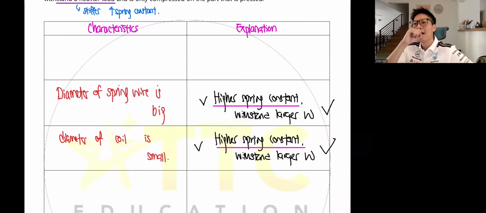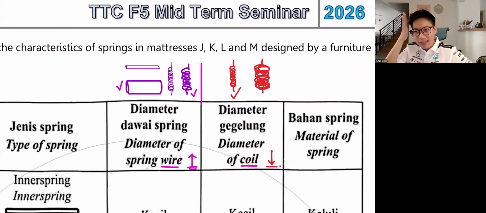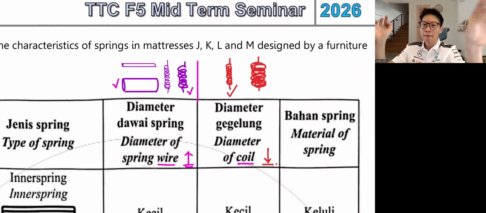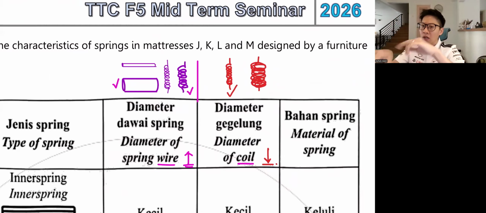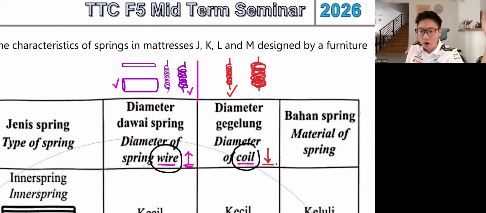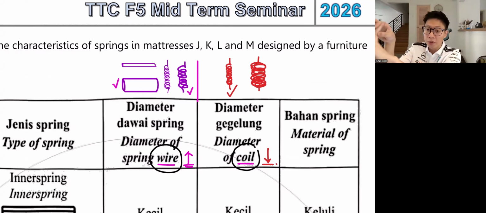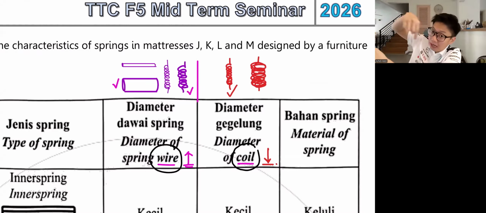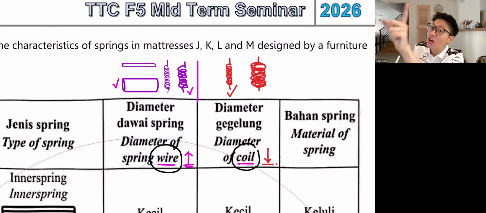Higher diameter of spring is lowest, but higher diameter of spring. Okay. Hazim. Okay, you see, when they say diameter of spring, they use the word, that thing means the coil. So the main word here is actually not the spring, it's actually the wire and the coil. I don't like teachers when they use the word diameter of spring, you should say the diameter of the spring coil or the diameter of the spring wire. So based on your answer, Hazim, your statement is referring to the spring coil, which is this one.